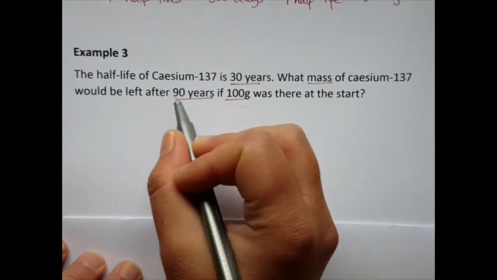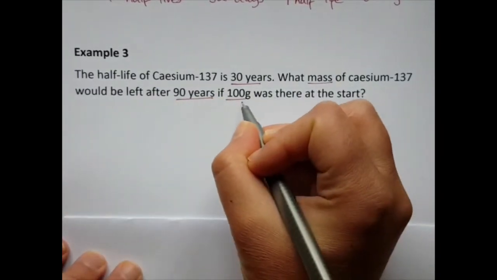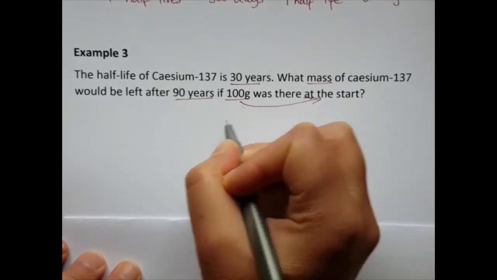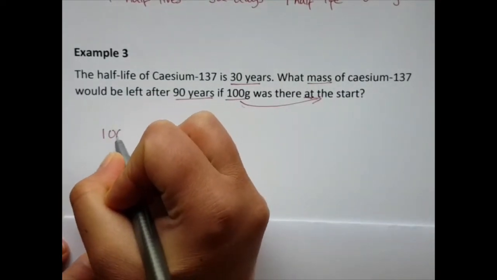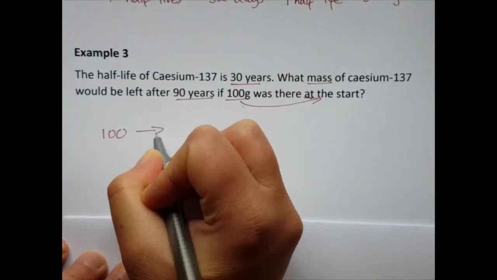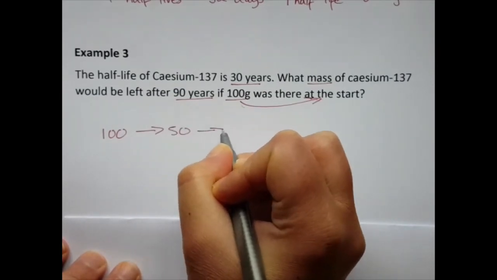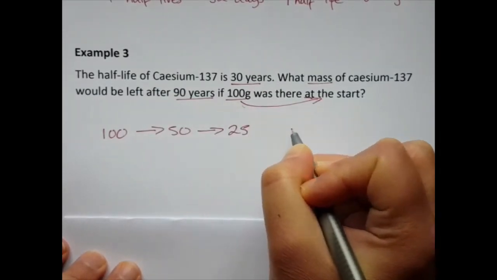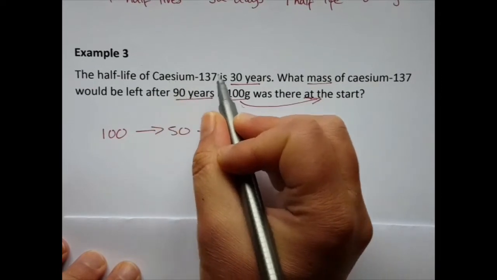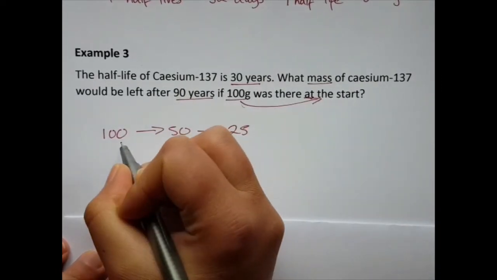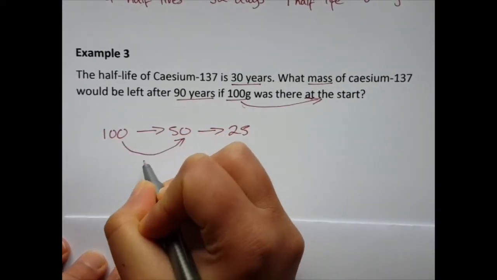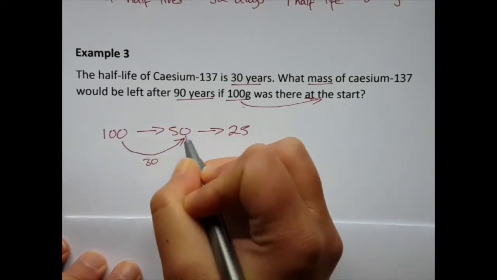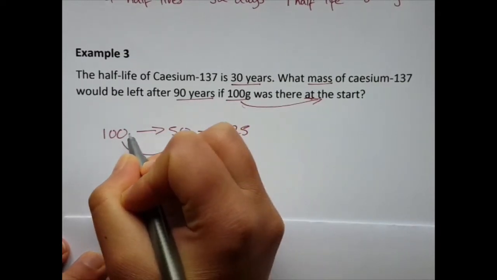So we're going to start with 100 grams. 100 grams was there at the start, so we're going to go from 100 grams down to 50 grams, down to 25 grams, and you could keep going, but let's keep track of the time. So each half-life is 30 years, so after 30 years, our 100 grams is going to go down to 50.